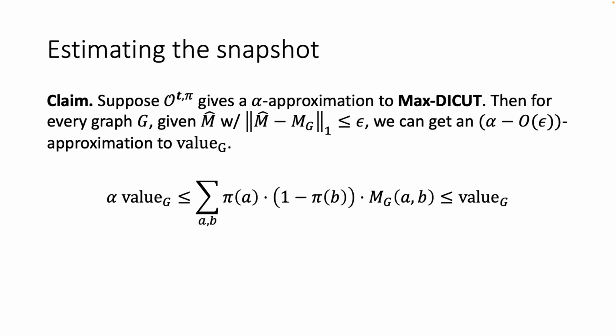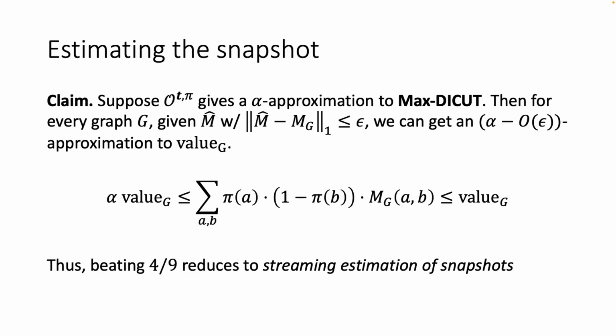The moral here is that we can forget about Oblivious algorithms, and getting a better than 4/9 approximation reduces to a streaming estimation problem: you see a graph streaming past you and you want to estimate these snapshots. If you can get arbitrarily good estimates in L1 norm, then you're happy and you can beat 4/9. That's what is going on for the remainder of the talk.